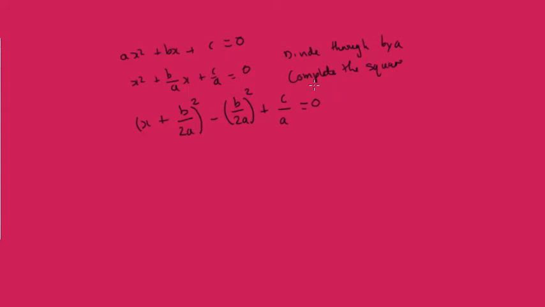Now, let's do some rearranging here. We want the right hand side to be a single function. So let's have x plus b over 2a, squared, and let's move these terms over to the right hand side. So it's going to be b over 2a, that's still squared, minus c over a.